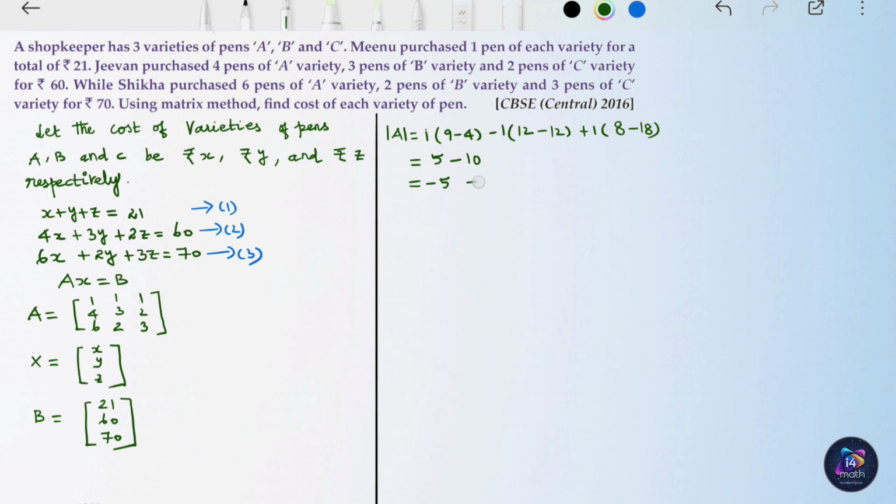This is not equal to 0. That means we can find the A inverse.